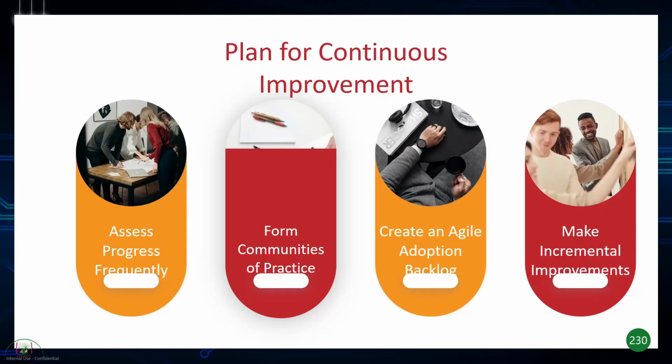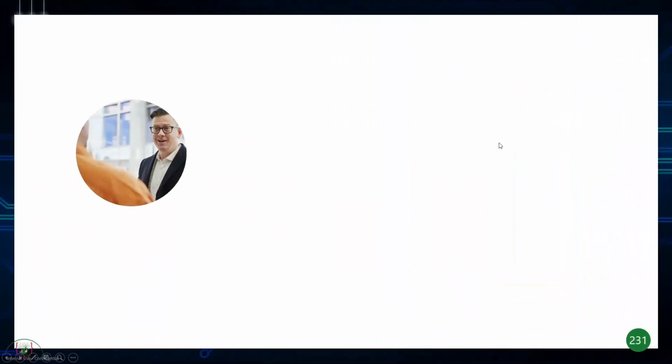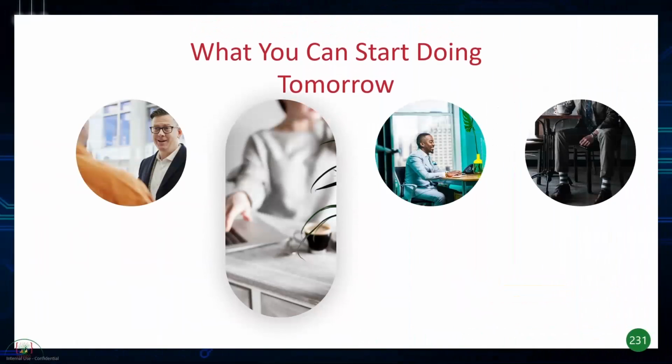They're discussing what worked for them, what didn't work for them. Learn from their mistakes. Create an agile adoption backlog. So always the backlog. Try to prioritize it. Adopt agile practices. And then take small steps, make incremental improvements. Don't go for everything at once.